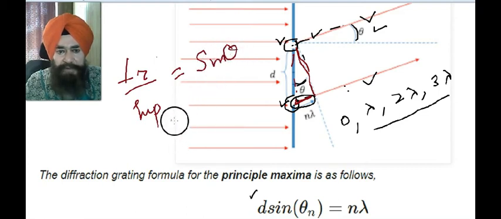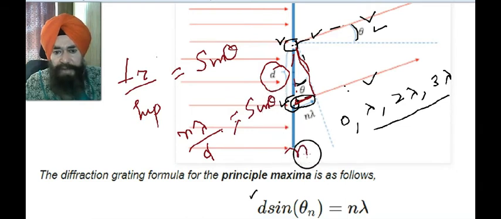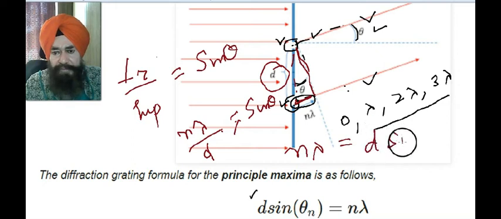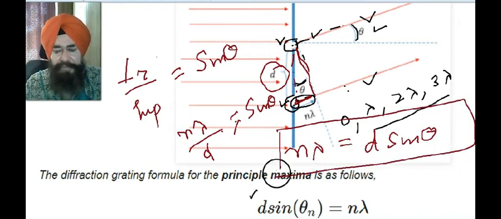What is the perpendicular? It is n lambda. What is the hypotenuse? This is d. So n lambda over d is equal to sine theta. That means n lambda becomes d sine theta for maxima. So we get maxima if this condition is fulfilled.